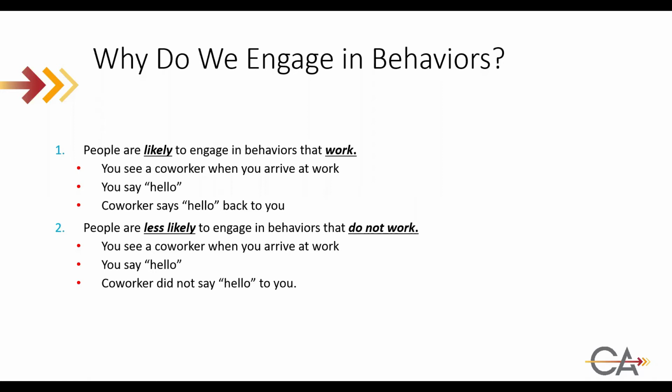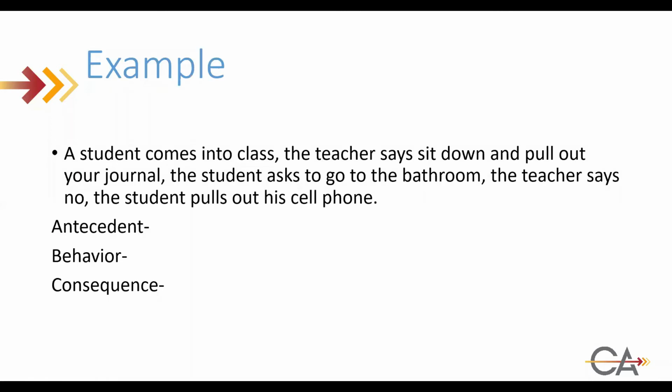It can be very difficult to determine what that consequence is, and there are a lot of other factors that go into this. As we progress, we'll talk about more of the reason why we engage in behaviors and how to change that behavior. But the fundamental principle is people engage in behaviors that work, and they're less likely to engage in behaviors that do not work.